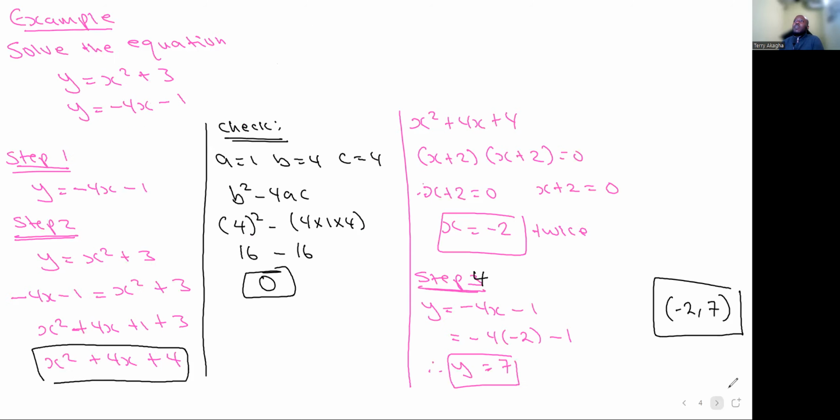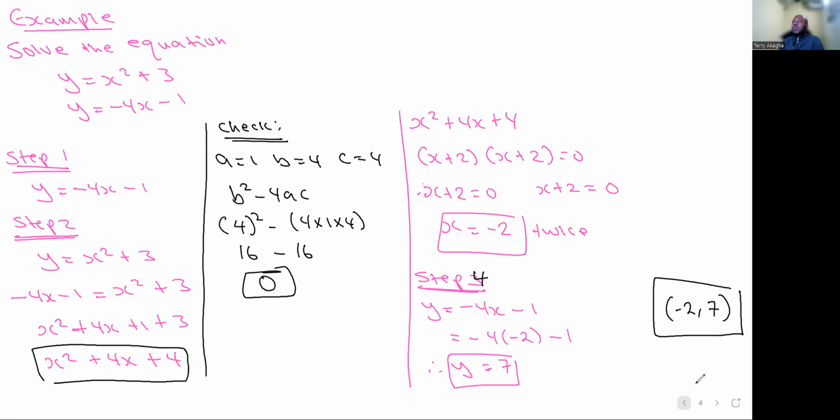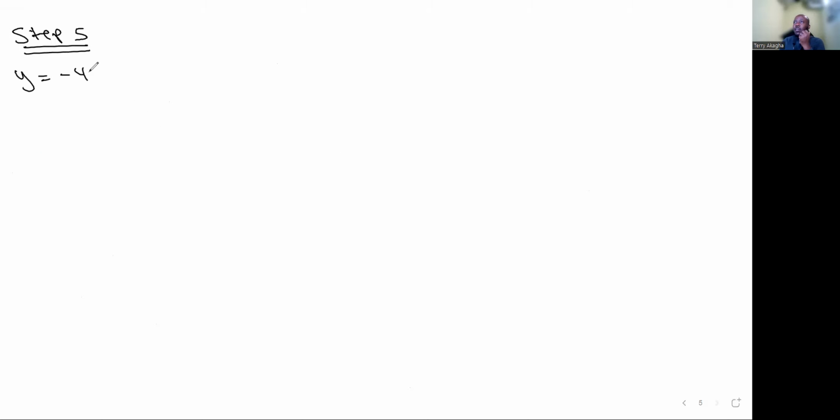So we have two graphs. We have y is equal to minus 4x minus 1. Remember, for a line graph, we need to find the y-intercept and the x-intercept. So for the line, we need to find the y-intercept.